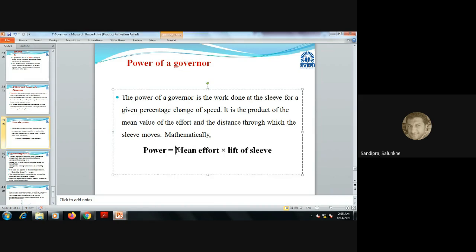That is the mean effort taken to lift the sleeve multiplied by the displacement. This is a very basic formula: force multiplied by displacement is power. So we have to calculate the mean effort required to move the sleeve multiplied by the distance through which the sleeve has moved. That you are going to call the power of that governor.